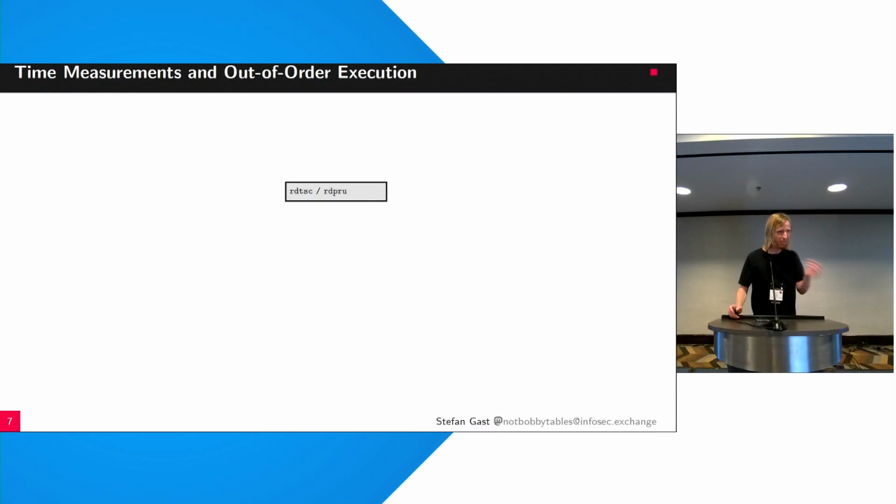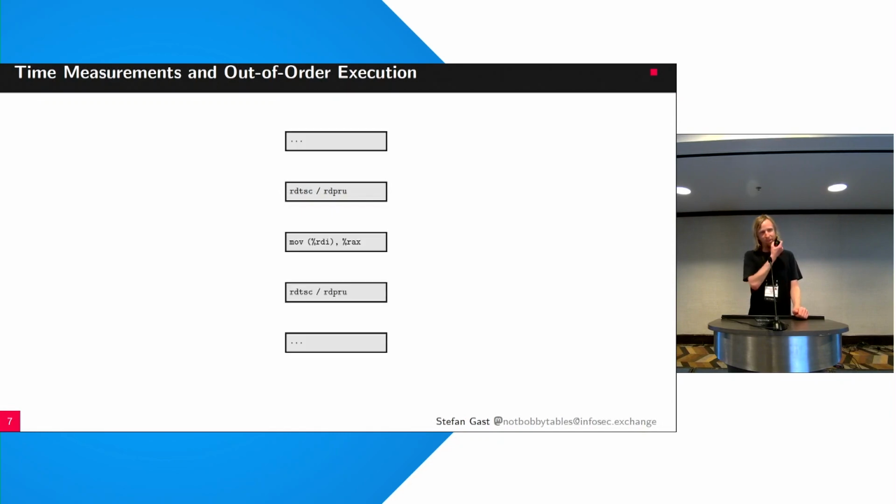So some more background about that. We want to exploit the timing side channel. For time measurements, we can use the well-known RDTSC instruction, or on AMD, there's also the RDPRU instruction, which is a little bit more exact. So what do we typically do?